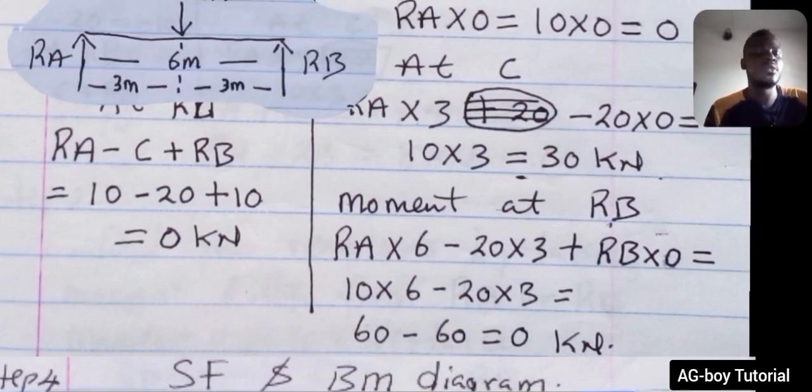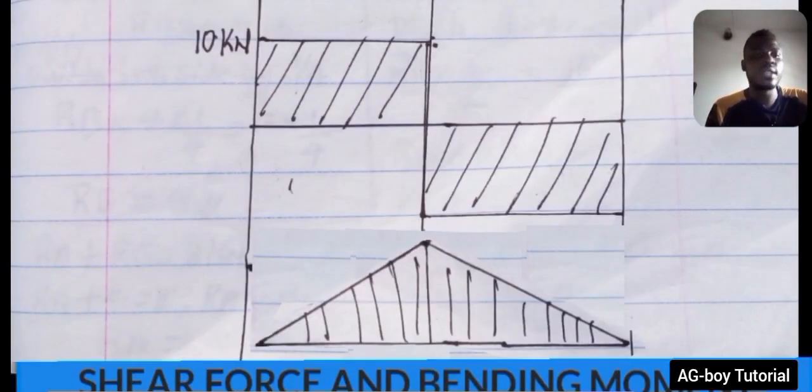Then at RB it became 0 kilonewton. So if we check it, it will show you that this is 0 kilonewton at RB. At RA is 0 kilonewton. Then at C is 30. Therefore here is 30, and our maximum bending moment here is 30 kilonewton.